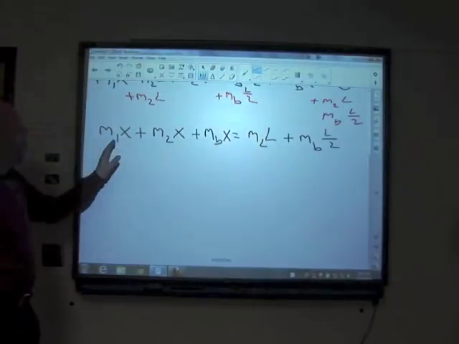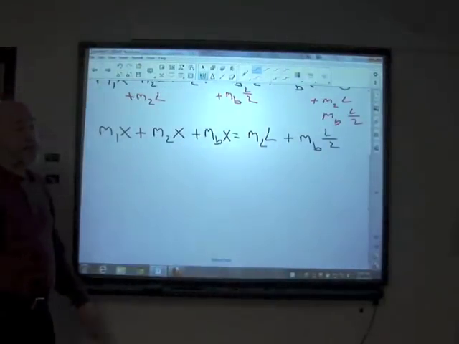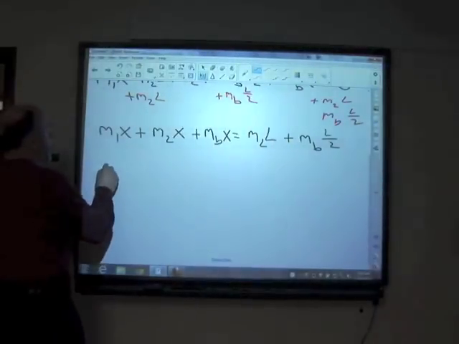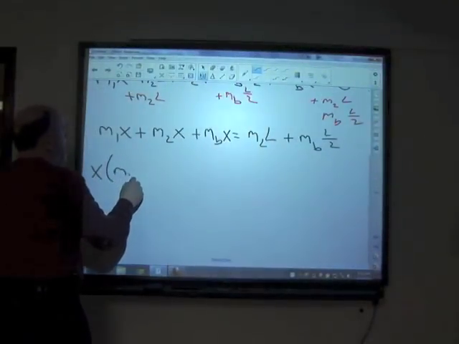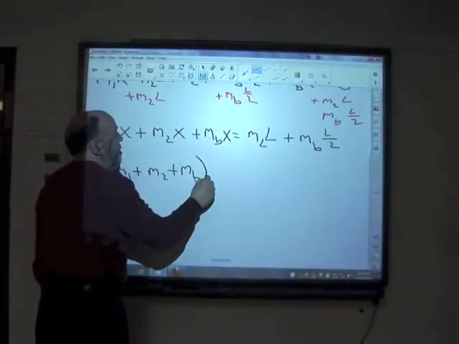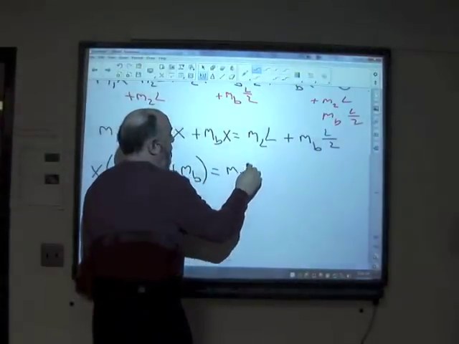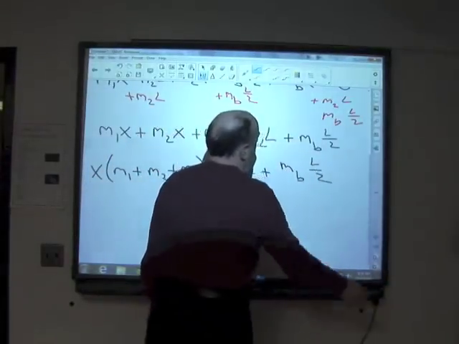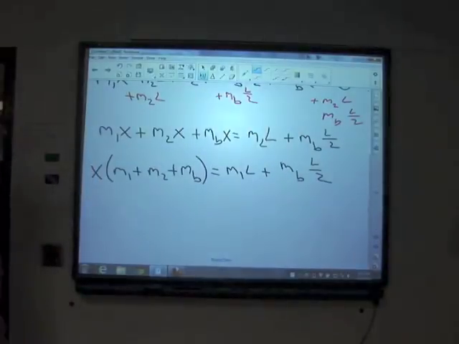So now, over here, x appears in every term, and so we can now take the x and we can factor that out. And so x, we get M1, M2 plus MB is going to equal all my stuff on the other side.